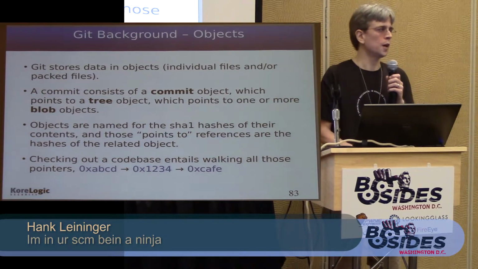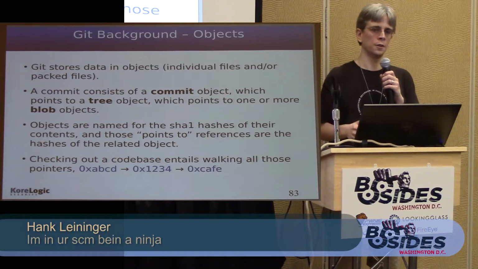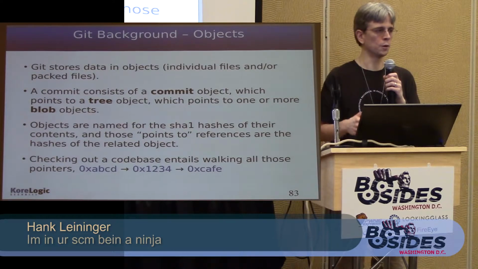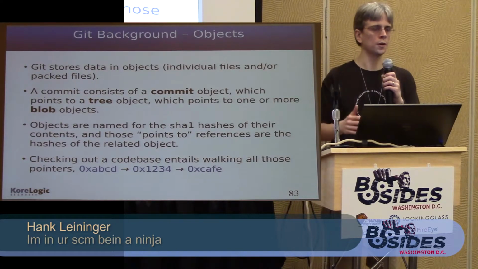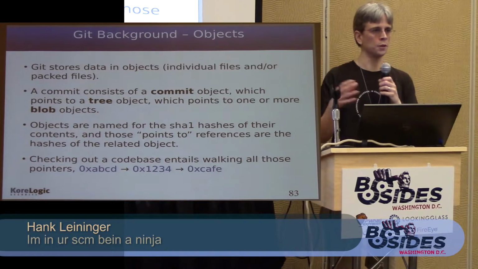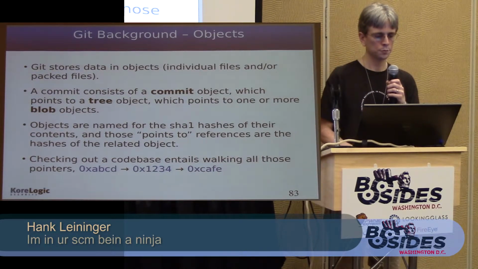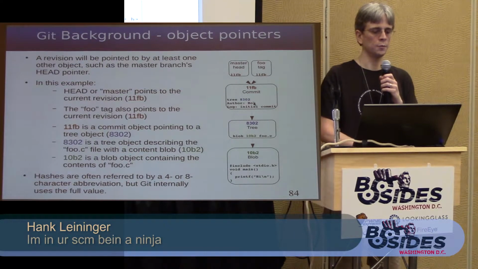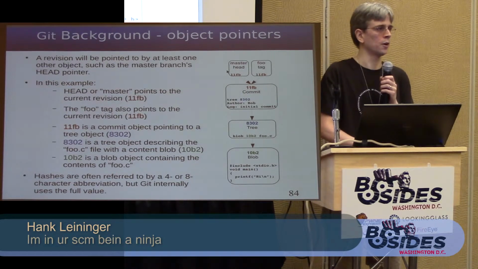Objects are named for the SHA-1 sum of their contents. When Git is told, I want to check out whatever, it walks the tree of pointers to reconstruct the version that you asked for. A revision will be pointed to by at least 1 other object. The head pointer is actually not a special binary object file.